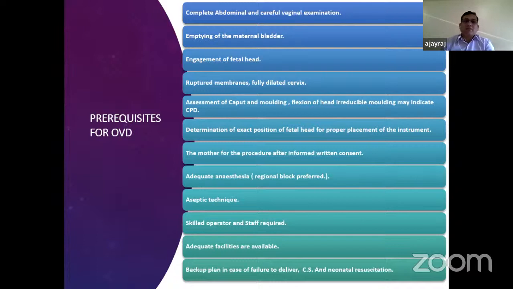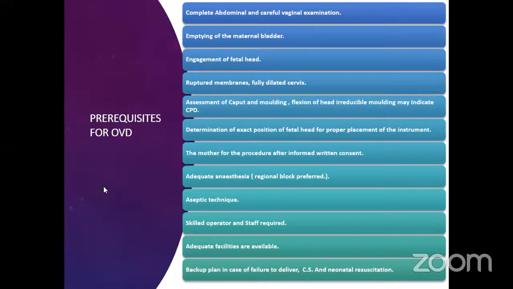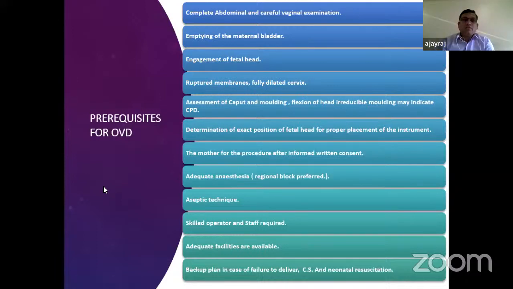Skilled operator and staff required. The person who is conducting the delivery should be very well trained to perform such kind of operations, and also his or her staff should be well acquainted with the procedures of operative vaginal delivery, neonatal resuscitation, and other things if required.